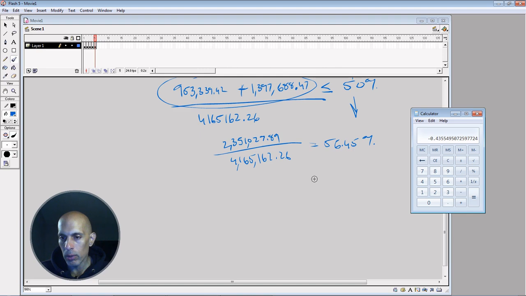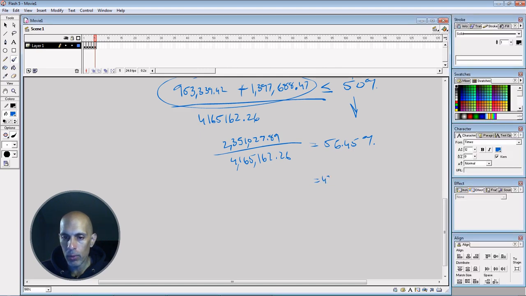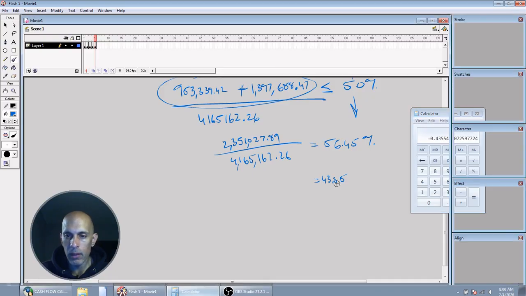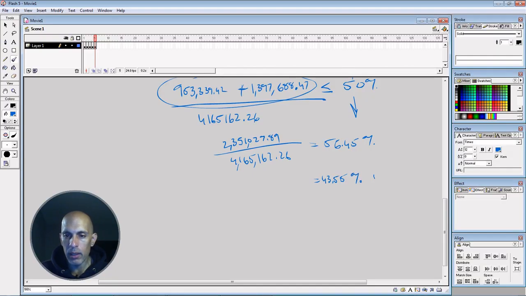So we are equal to 43.55% equity, and this is LTV.